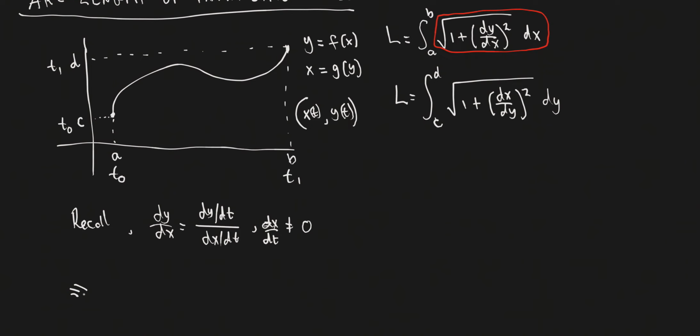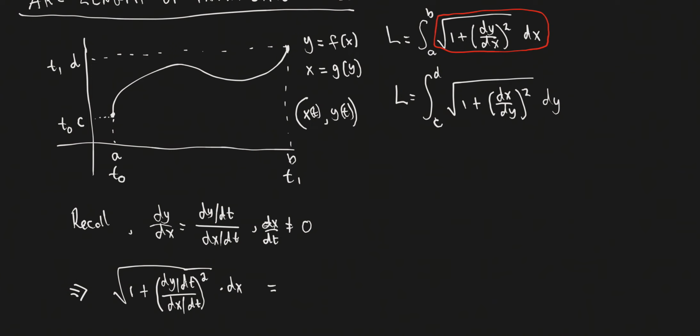So this implies that the square root of 1 plus, now let's plug in the expression for the derivative, dy/dt over dx/dt, and that whole quantity is squared, and then that's also multiplied by dx. All right. So let's see what happens. Well, we know how to square a fraction.